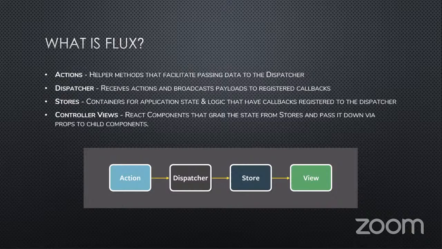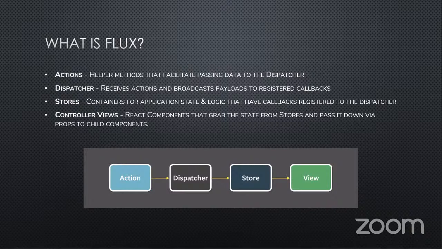So basically, the dispatcher is the nerve system of Flux. Whenever it receives an action, it decides what data should be passed on and what callback function should get registered in the store, so that the right data is passed to the store.